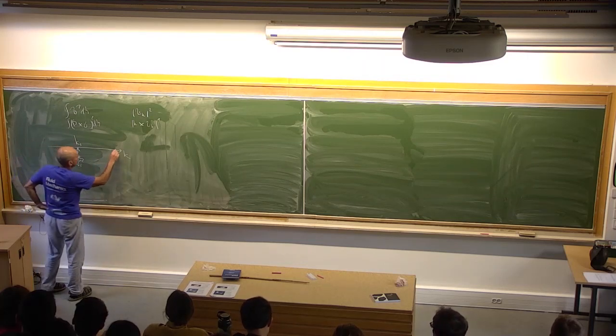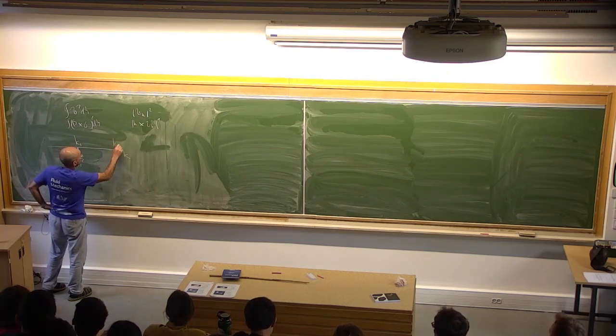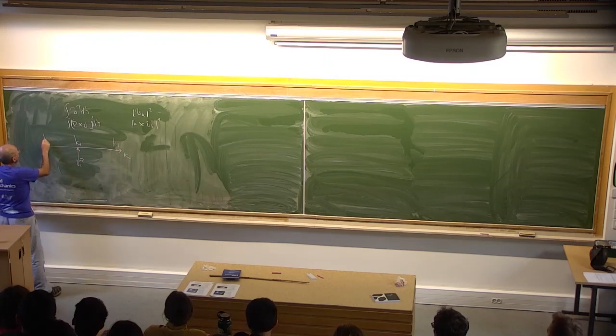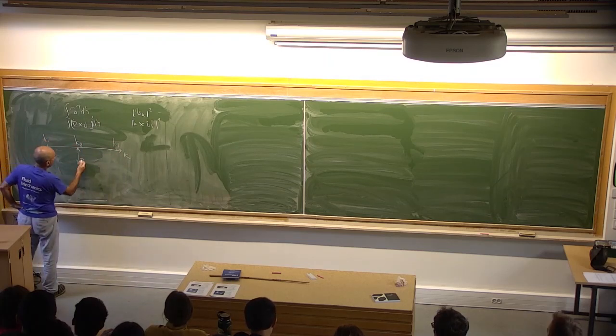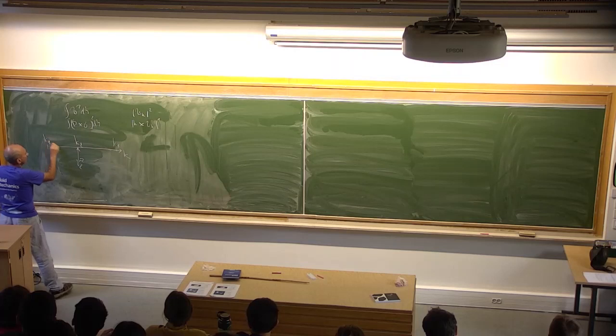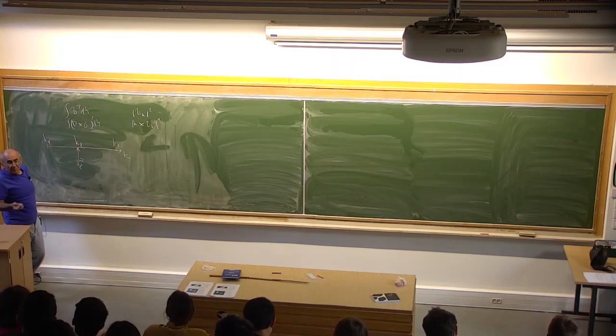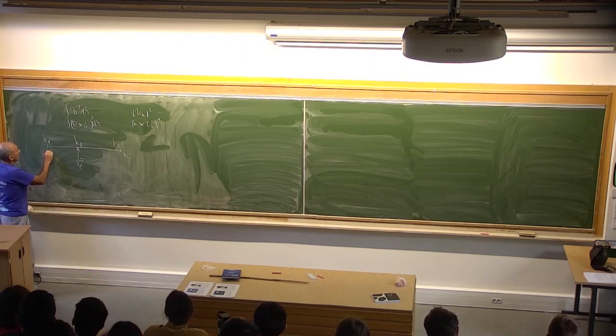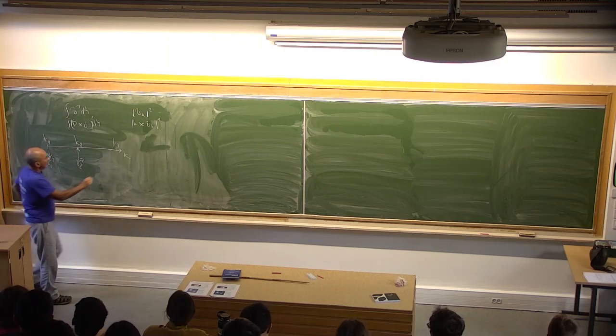Then you have somewhere k3, and somewhere let me call it 2. So it will be k1, k2, k3. That's the hierarchy.